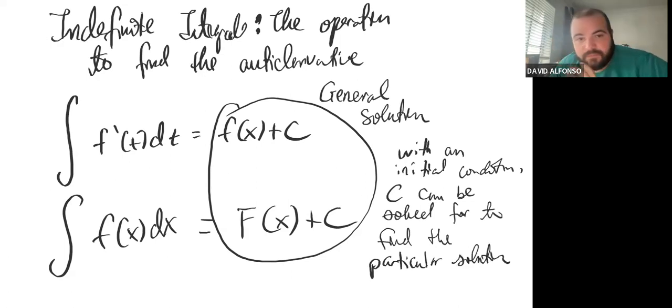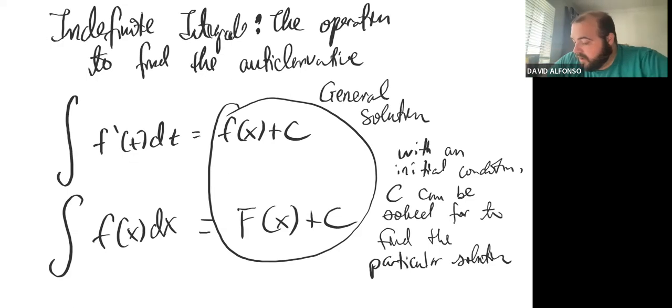Okay, so basically, if you know a point, literally plug the point into this function and solve for C, and then you know what the particular solution is.